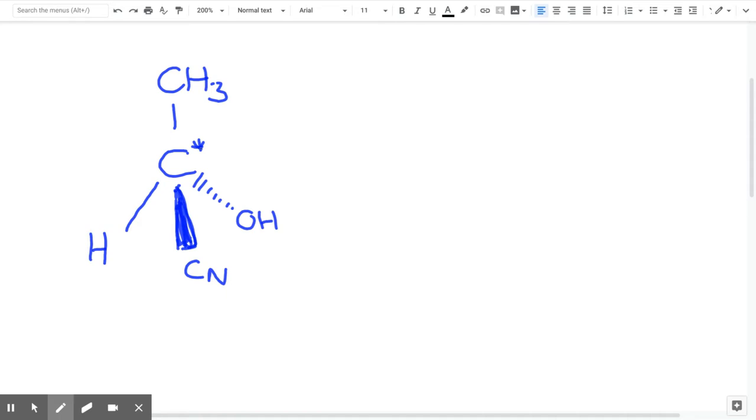Now, chirality means that there are 2 different versions of that molecule that can be drawn. The easiest way to represent those is by imagining that molecule is sat in front of a mirror, and then you can literally draw the mirror image of that structure.